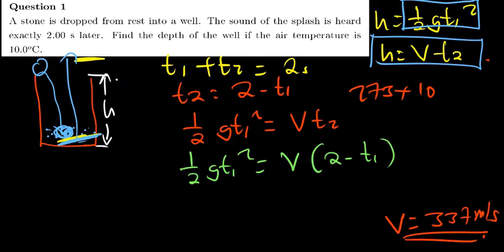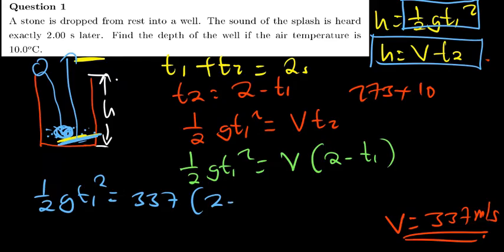And then I'm going to say half g T1 squared is equal to my V, which is 337, open brackets, 2 minus the T1, which I don't know. So I can now plug in half. Since it was going down, the g will be positive because it was going toward the gravity, so it will be 9.8.